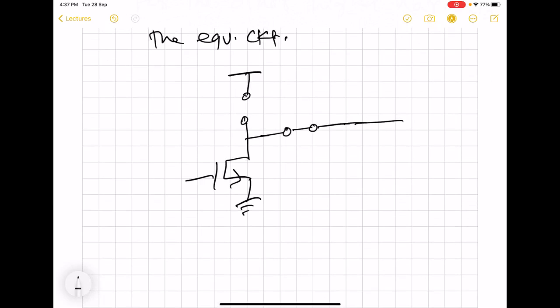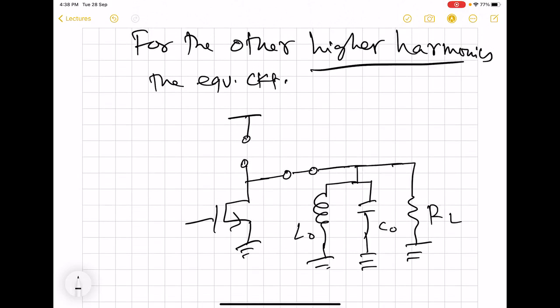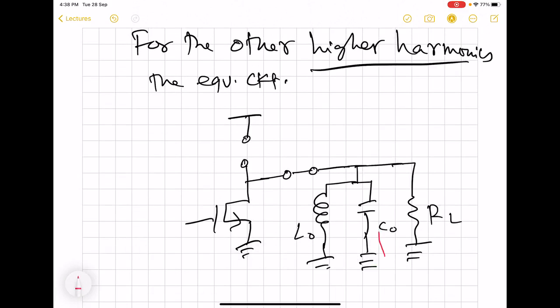So here we saw that we have inductor, we have capacitor, and we have load, all three connected to ground. So as the frequency of these higher harmonics increases, it is the path through the capacitor which will be offering the least impedance.